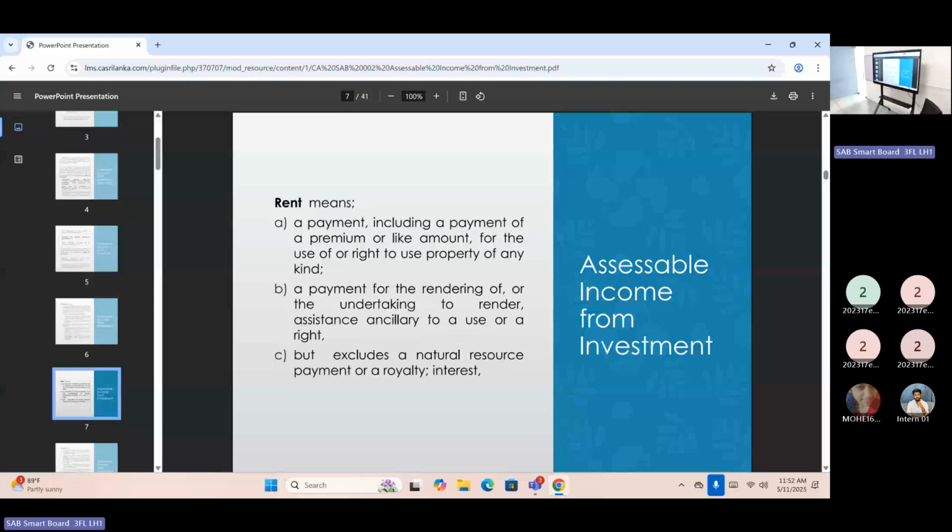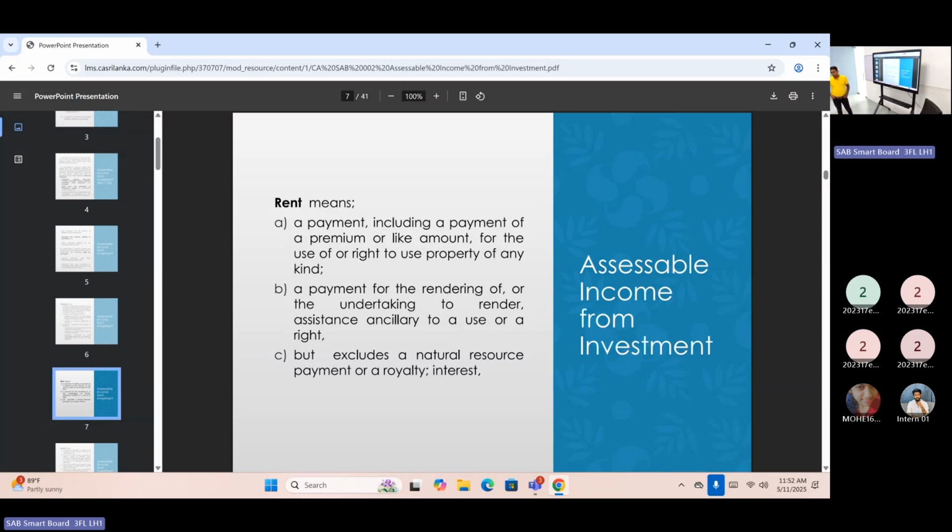That's the right of user, the right to use of assets. For the usage or right to use of assets.